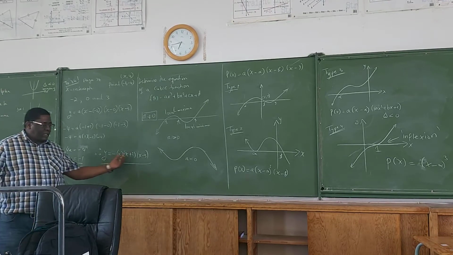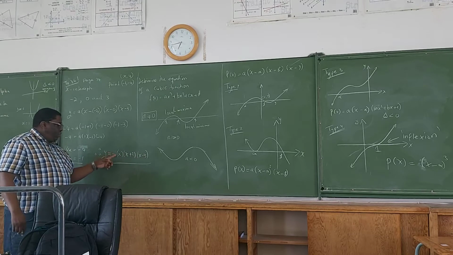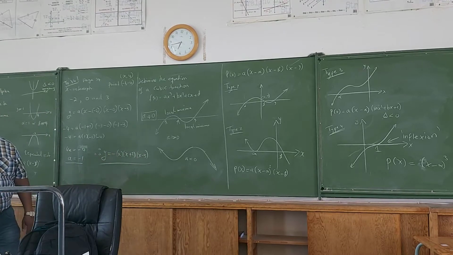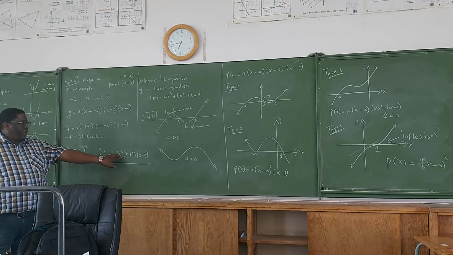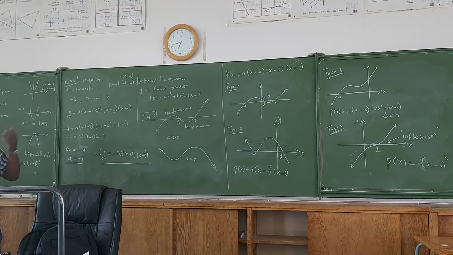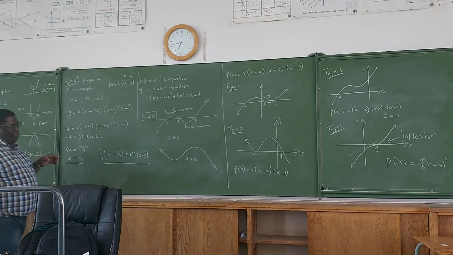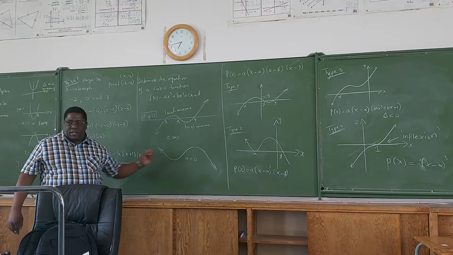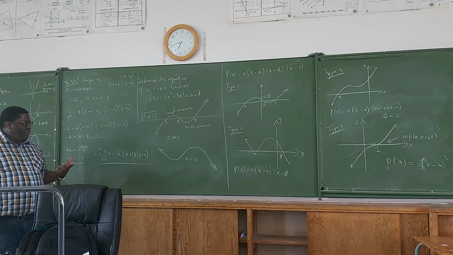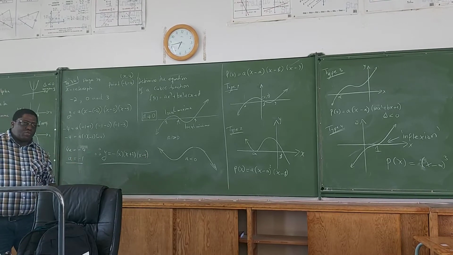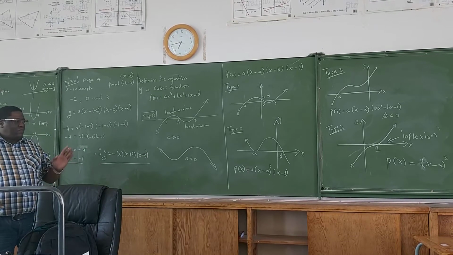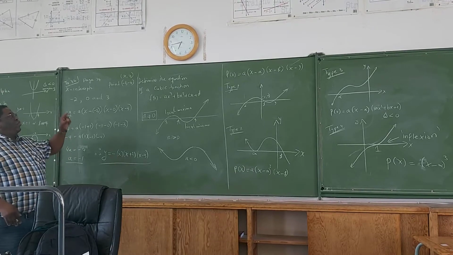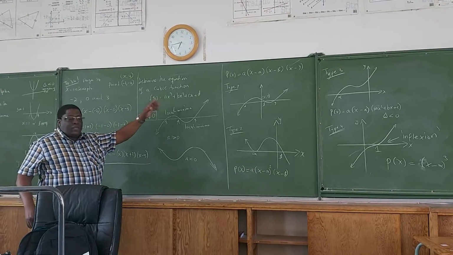Just put it. The value of a is negative 1, yeah? Understand? Again, you can also take away that x. Let's get the function. So it's going to look something like this. Okay. Because the value of a is less than 0. So we are not really going to ask you to sketch, but we want you to determine the equation given this information.